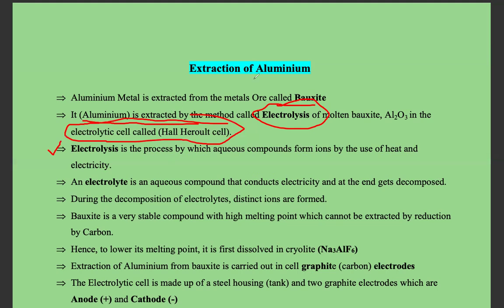So meaning during the extraction of aluminium, this aluminium oxide, first of all, must be dissolved. Why are we dissolving it? So that we form an aqueous compound. Now, when it is dissolved, we expect electricity to pass through. As electricity is passing through, we expect this compound to be heated. During that reaction, that is when we expect this aluminium oxide to dissolve into separate ions.